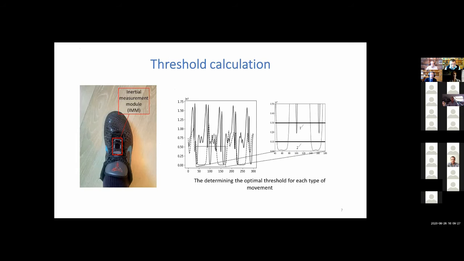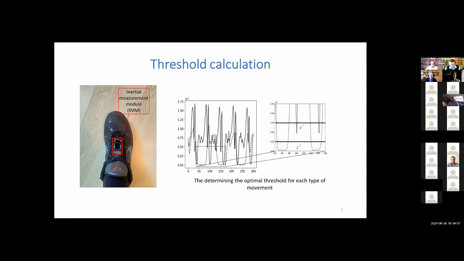Here is a picture of the mounting of the inertial module on the boot, on the foot of one of our students, and in the right part of the slide, the picture depicts the threshold estimation for different types of motion.